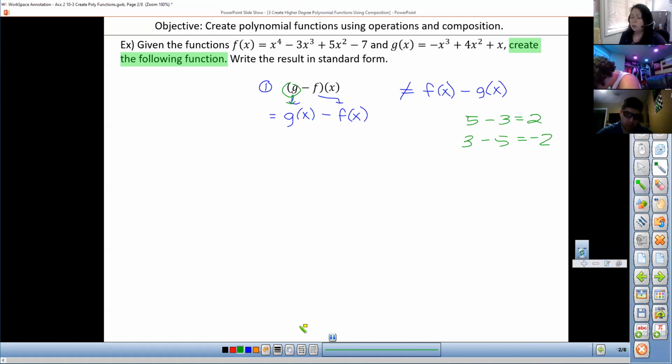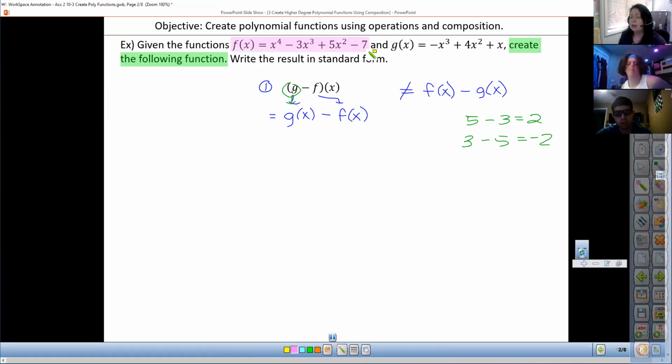A good strategy when you're doing these problems is to use a highlighter to highlight the functions in the given information. So like here it says I'm given this function f of x. And highlighting is a good strategy, because what often happens when I see people working out problems of this type is they lose the last term, like the minus 7.